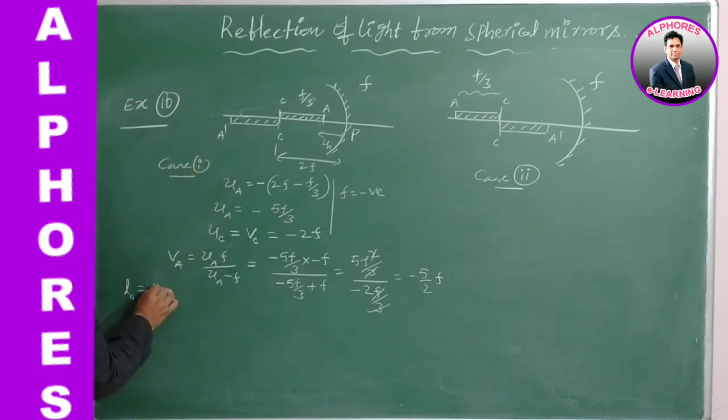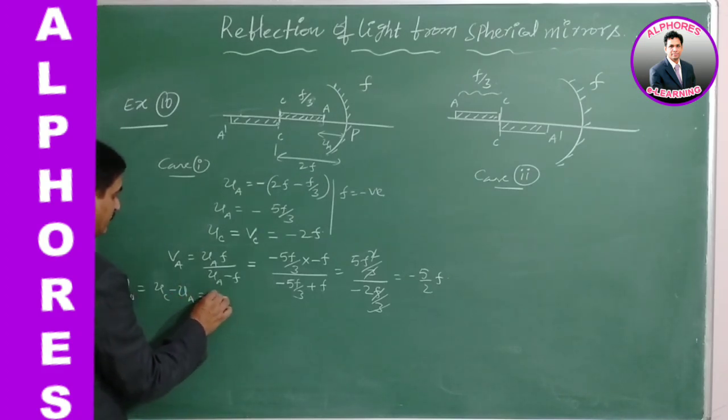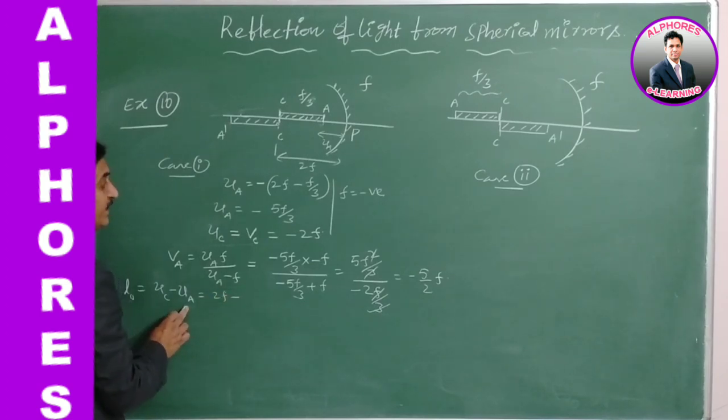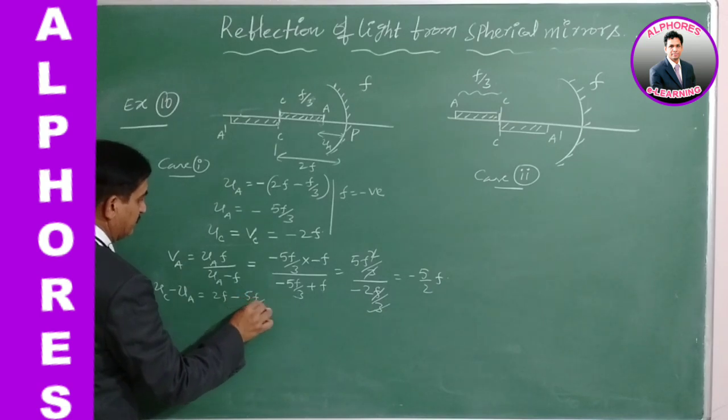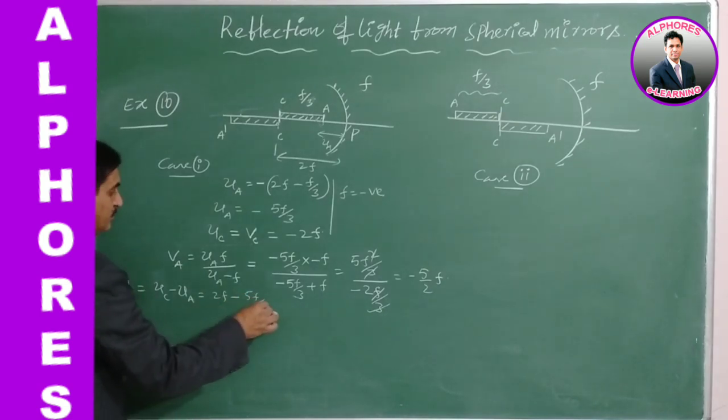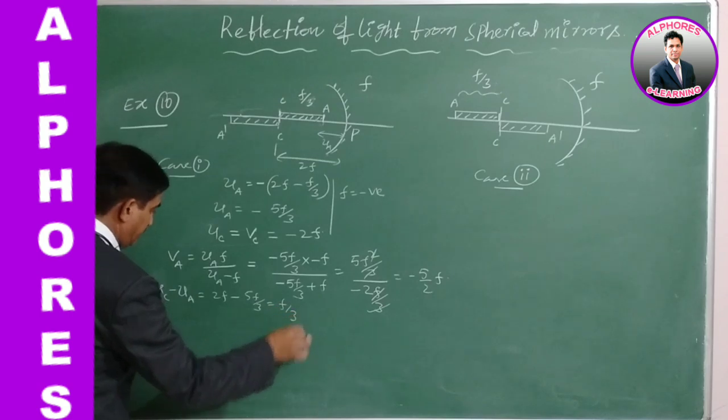So here UC minus UA, which is giving UC is 2F minus UA is equal to 5F by 3. How much? F by 3.